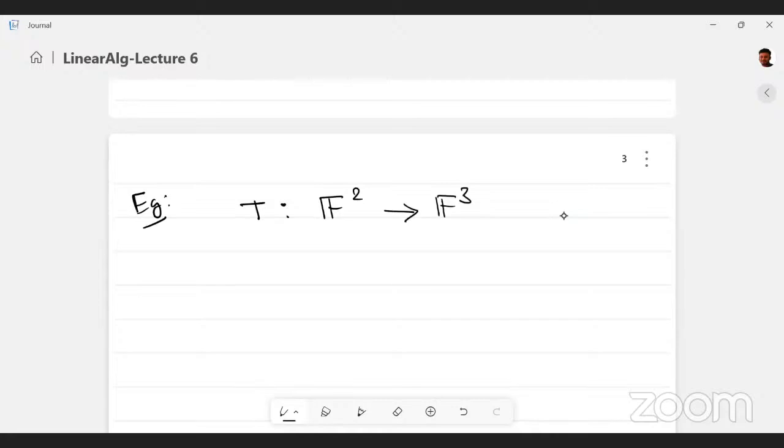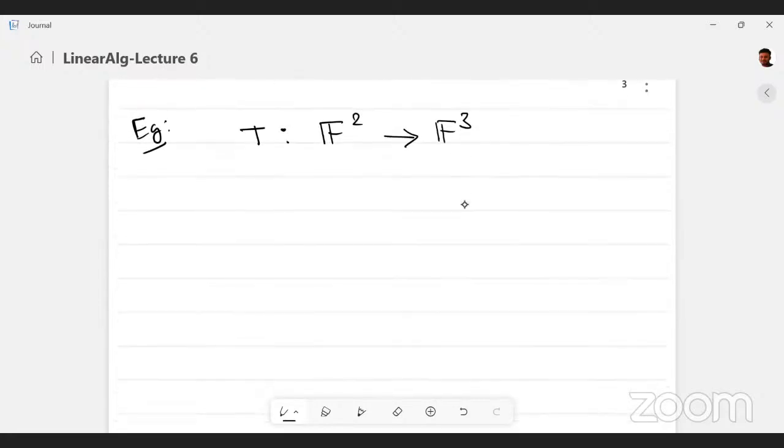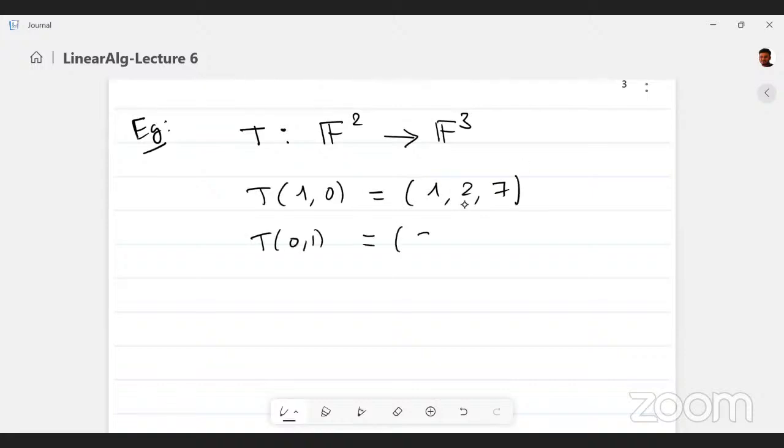I am defining it on the standard basis (1, 0), (0, 1). T of (1, 0) I send to (1, 2, 7), and T of (0, 1) I send to (3, 5, 9).